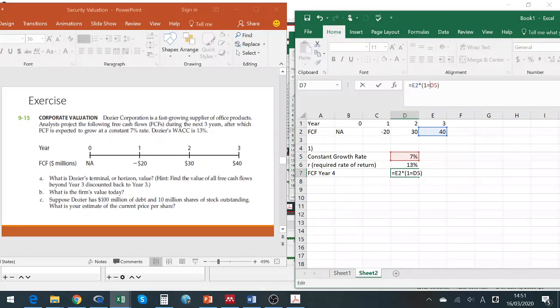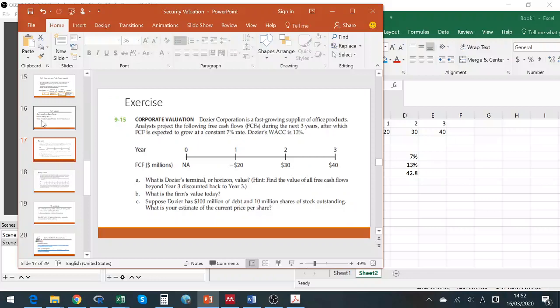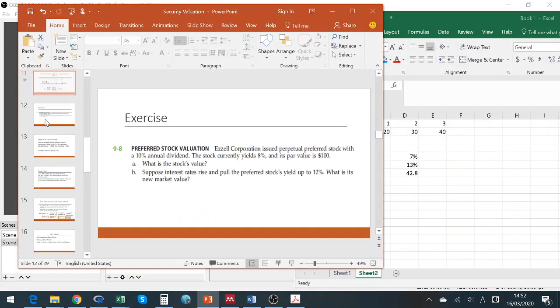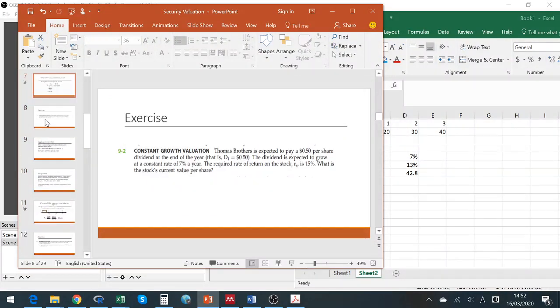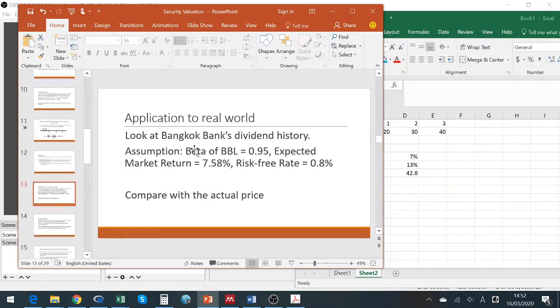It should be plus. Then the terminal value: we apply the formula of the constant dividend growth rate to the cash flow as well. This is not only for dividends; you can use it for anything, including cash flow.